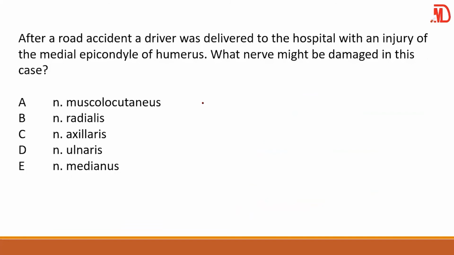After a road accident, a driver was delivered to the hospital with an injury of the medial epicondyle. What nerve? Now, the medial means that this is found at the ulnar area. When you look into your palm, just turn and look into your palm and straighten your hand.